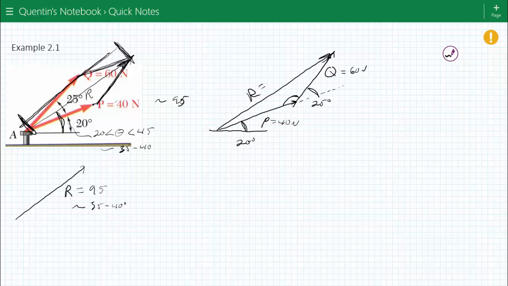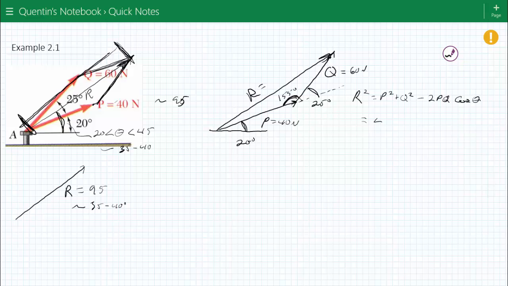Well, we know this angle, right? That angle all the way over to here is 180. So subtract off that 25, and that is 155 degrees. So let's use the law of cosines to determine what the magnitude of R is. We have R squared is equal to P squared plus Q squared minus 2PQ cosine of theta, right?